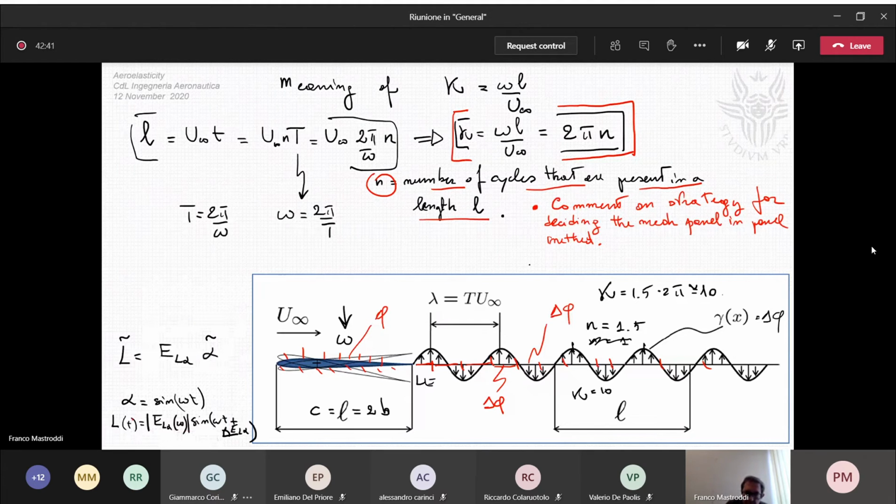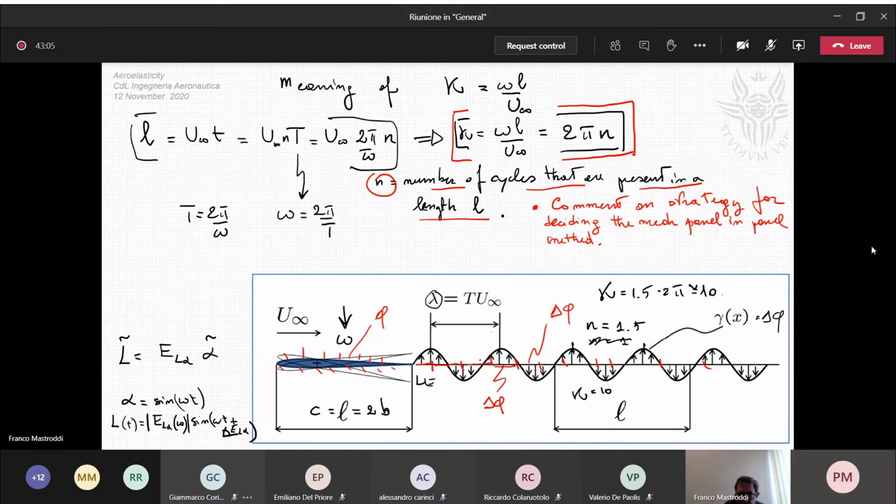For example, if this is L, this L is the length of one wave associated to a velocity and to a frequency. So whenever you fix omega and U infinite, for a period capital T, you have a length.